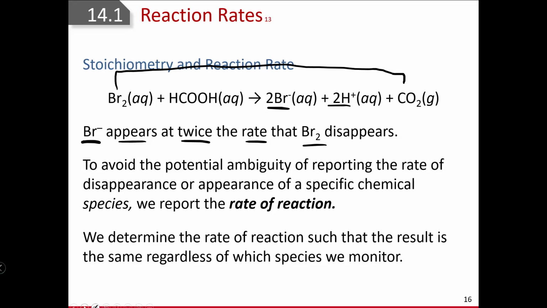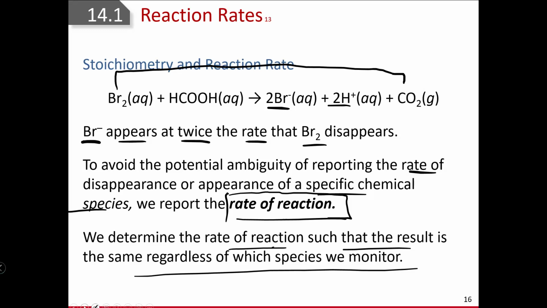So it says to avoid the potential ambiguity of reporting the rate of disappearance or appearance of specific chemical species, we report the rate of the reaction. So the rate of the reaction is the overall rate. All right? We determine the rate of reaction such that the result is the same regardless of the species being monitored.